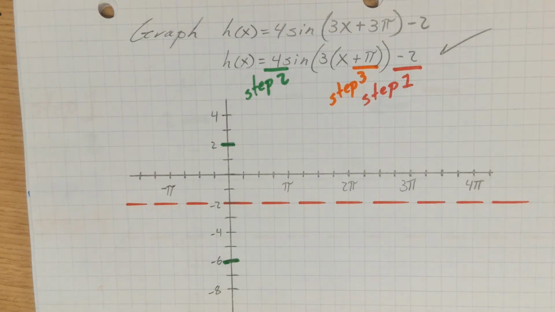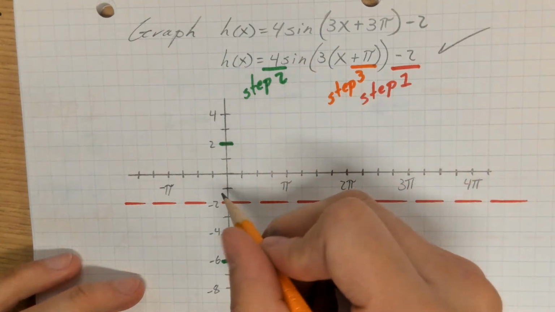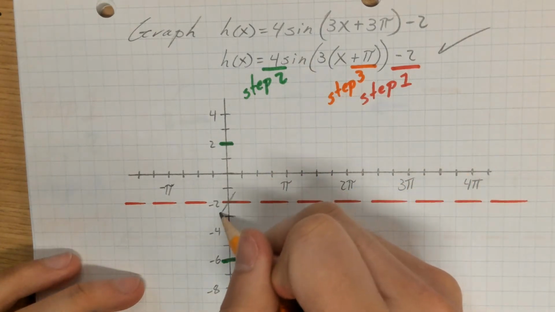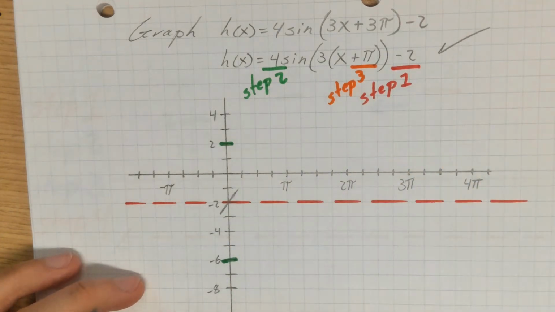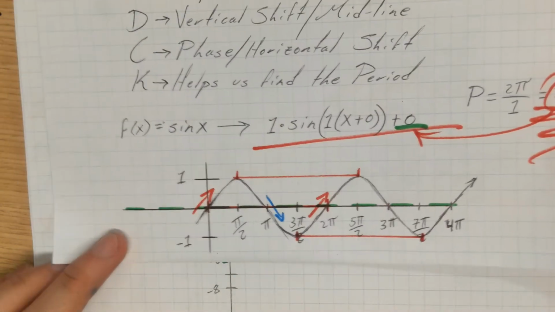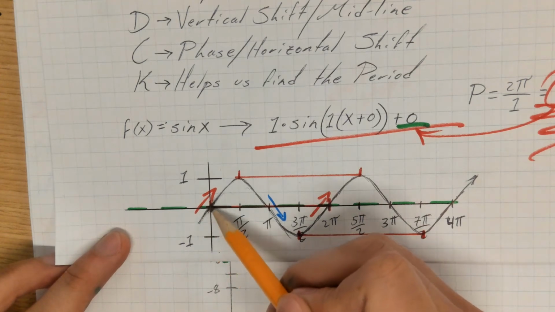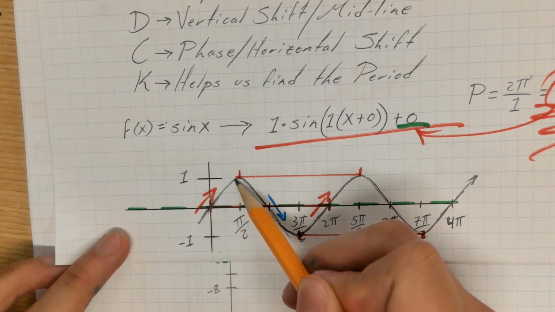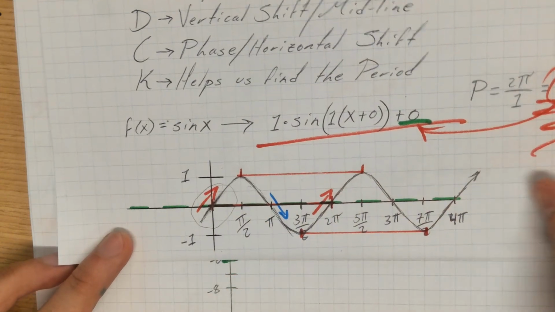I want to identify a specific point on my graph, and for sine, that specific point is right there at the origin. If you take a look at the graph of sine, you will notice that right there at the origin, between the y-axis and the midline, we have that increasing portion of the graph going up like this. So I'm just focusing on this part.